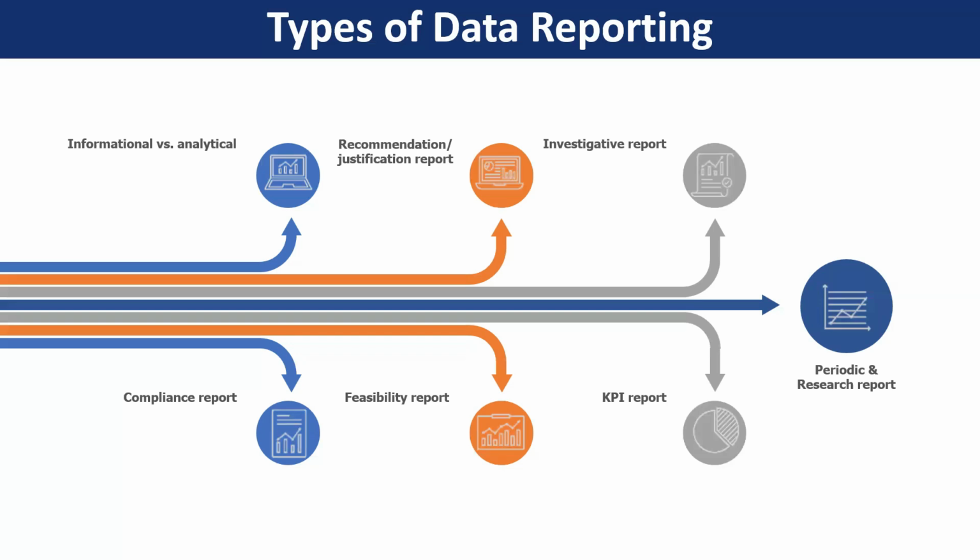So the next thing that we have is the recommendation or justification report. In this report, you are using the data to justify a particular concept or to talk about something.